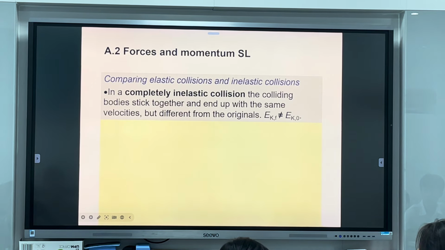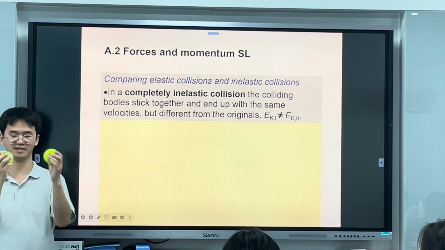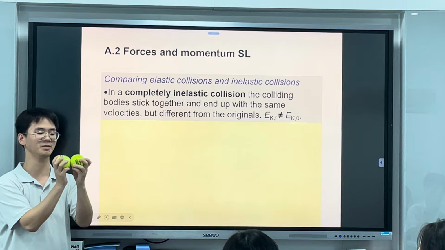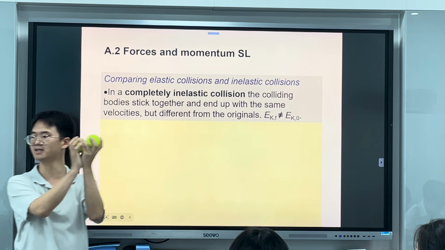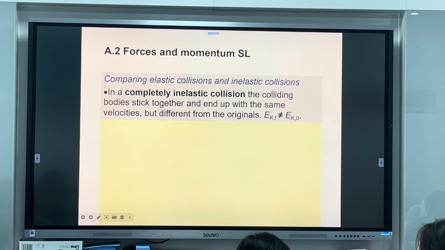So if we have, let's say, two balls colliding with each other, and if they are sticky, when they collide, they move as one. Then this is a completely or perfectly inelastic collision. And in this scenario, energy loss is the greatest.